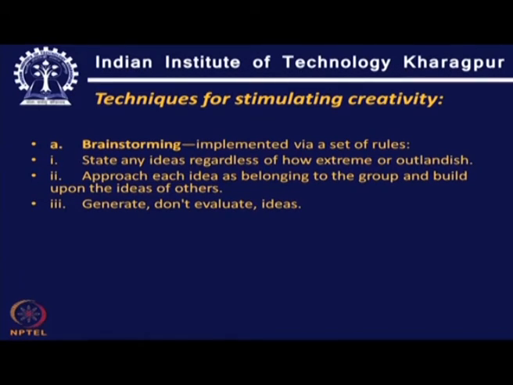And the techniques that we will be discussing are like brainstorming, one of the important parts of organizational decision making. Brainstorming is implemented by a set of rules. Here we are allowed to state any ideas that come to our mind, even if they are very extreme in nature.